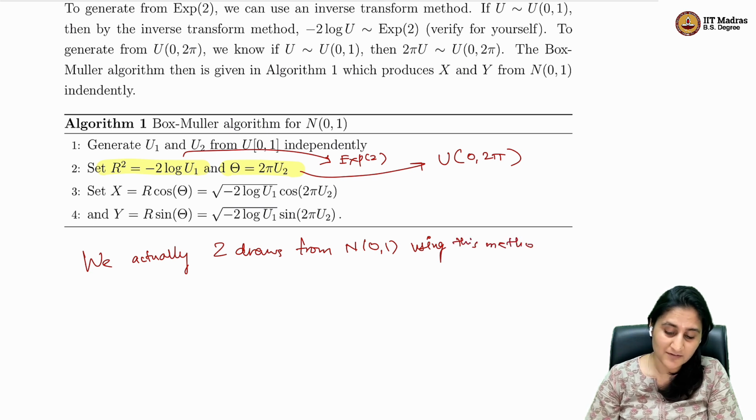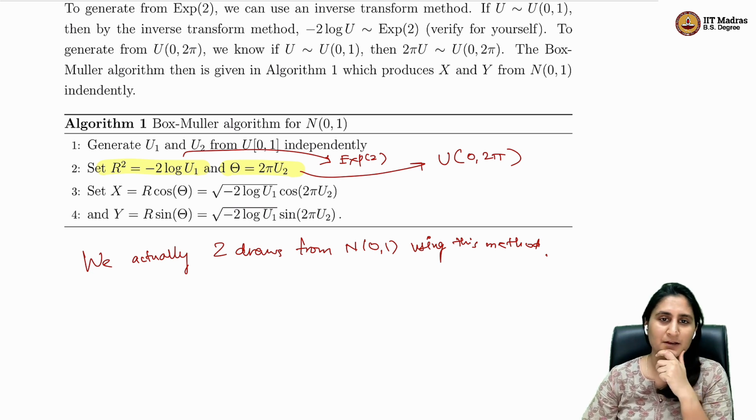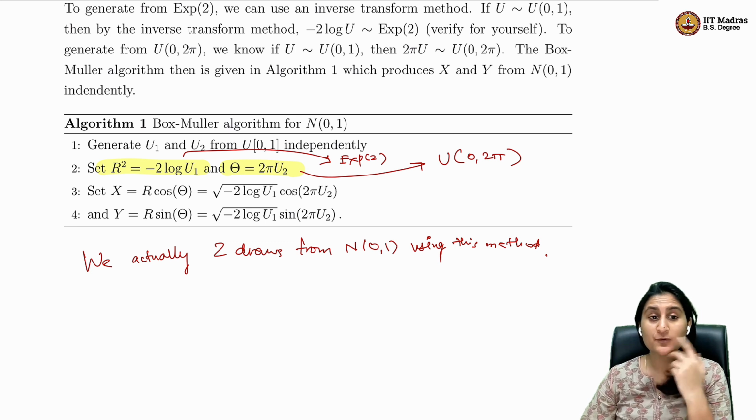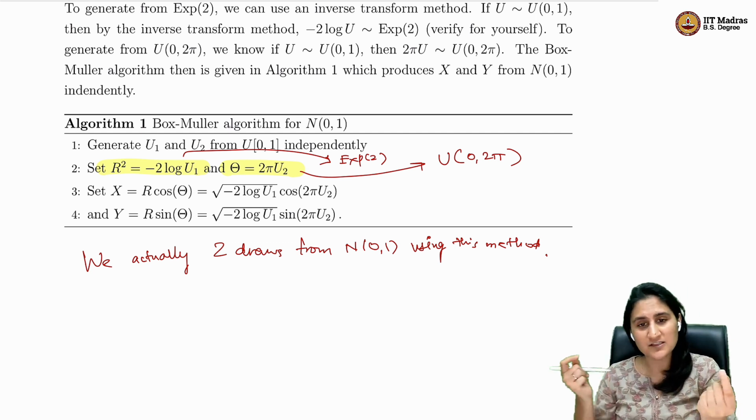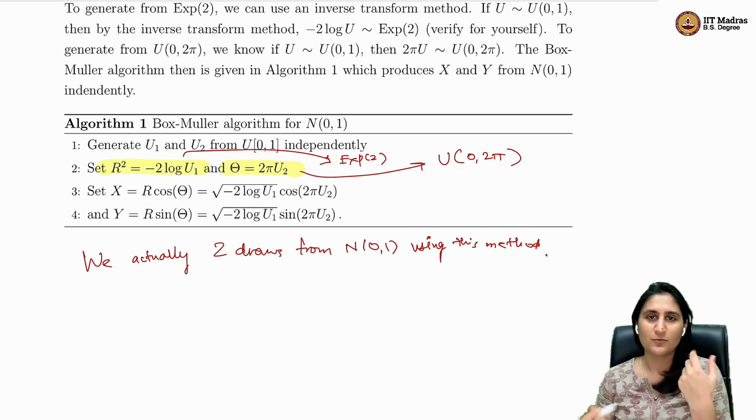We don't get one, which is typically what would happen in the accept reject algorithm or the inverse transform algorithm. We get two draws. And this makes sense because we actually start from two draws from the uniform as well. So if we could do inverse transform, we would have done one uniform draw to give us one normal draw. Now here we do two uniform draws to give us two normal draws. So this is the Box-Muller algorithm.